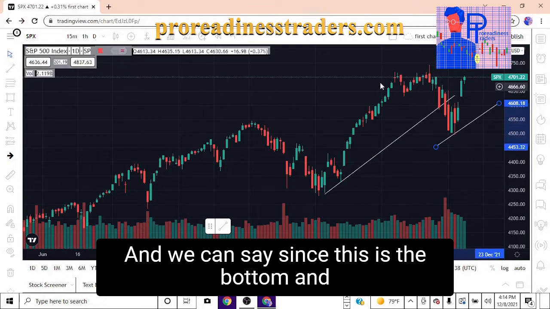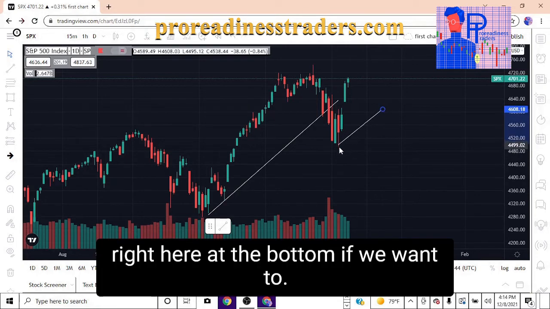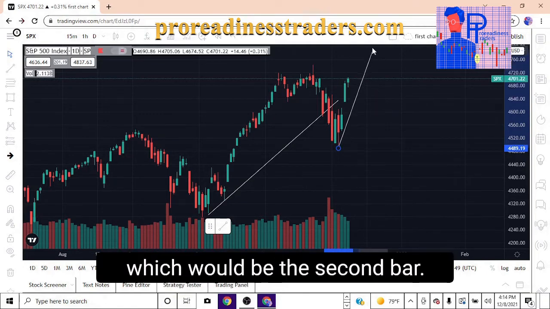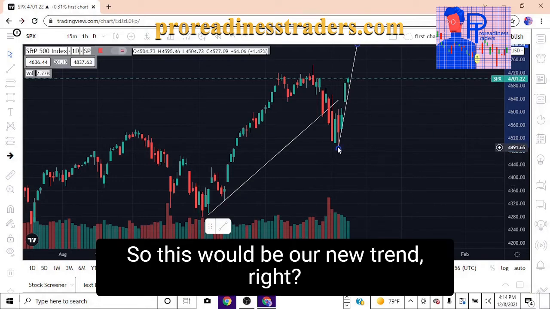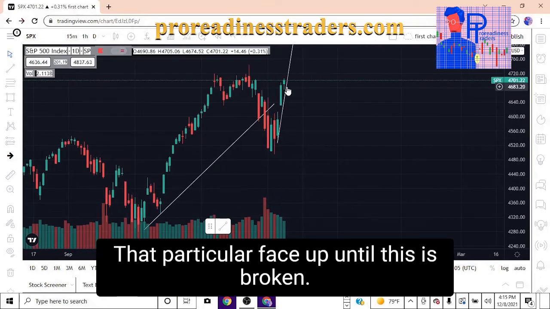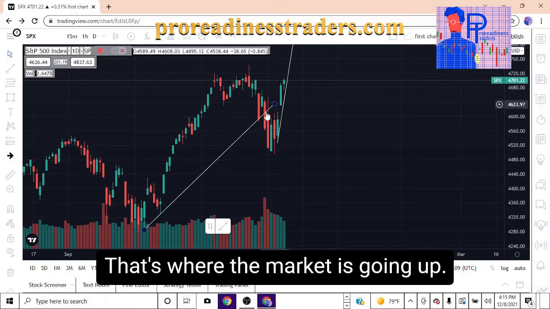And we can say, since this is the bottom and this market is moving, right, we can start a trend right here at the bottom if we want to, but we have to follow that rule, which would be the second bar, and that would be roughly right there. So this would be our new trend, right? That particular pace up. Until this is broken, that's the trend. That's where the market is going up.